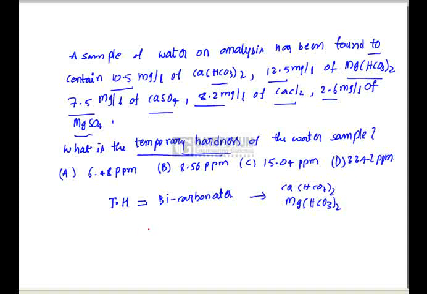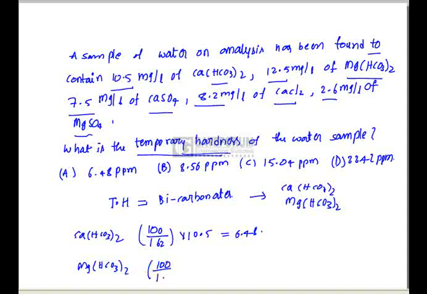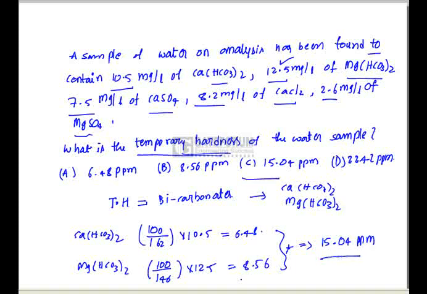By molecular weight, we know that 100 by 162 into 10.5 is 6.48 for Ca(HCO3)2, and for Mg(HCO3)2 it is 100 by 146 into 12.5, that is equal to 8.56. Those are the two bicarbonates, so by adding these two we will get 15.04 parts per million. So option C is correct.